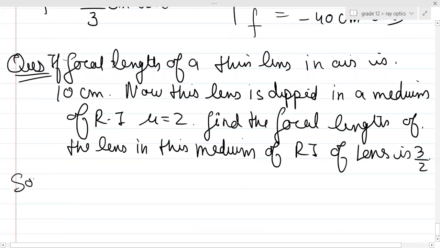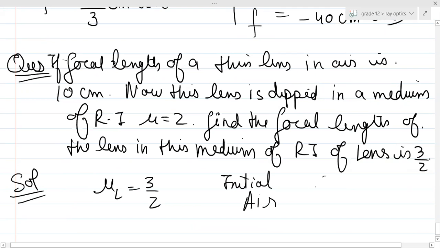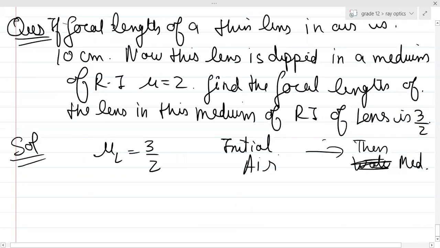So basically the refractive index of the lens is given as 3 by 2. Initially it was in air and then it was in a medium of mu equals 2, right?